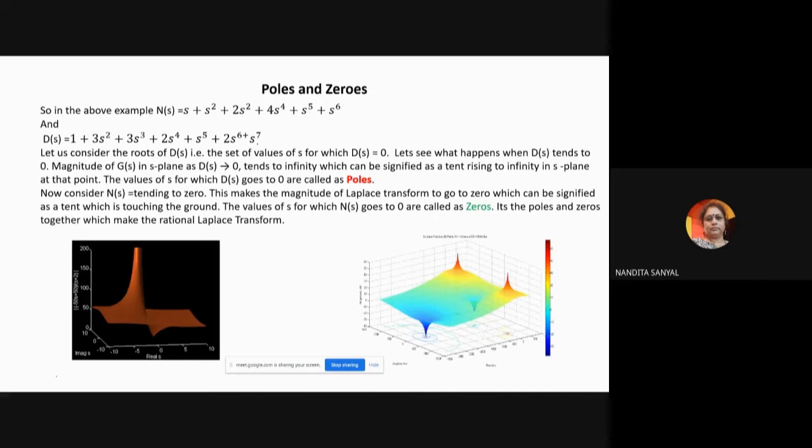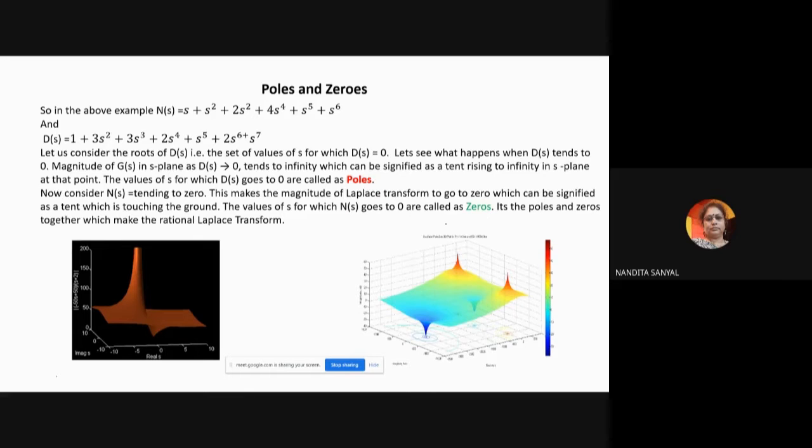Now, if we have to find the roots of the denominator polynomial, then D(s) will be equal to 0. So we will get 7 such values of s for which the value of the denominator will be equal to 0.